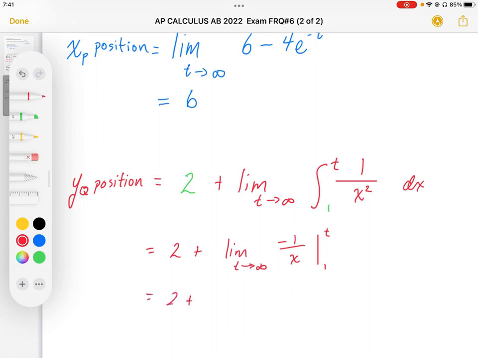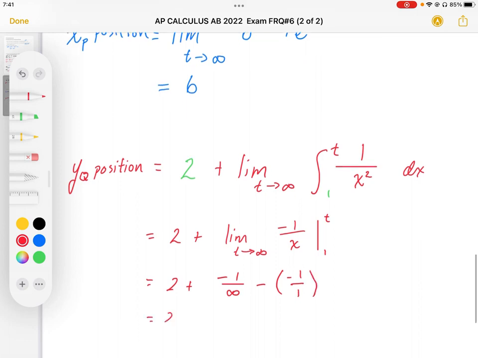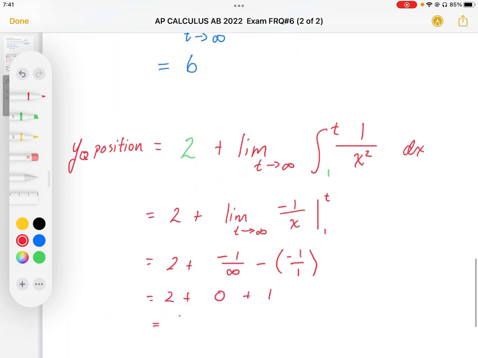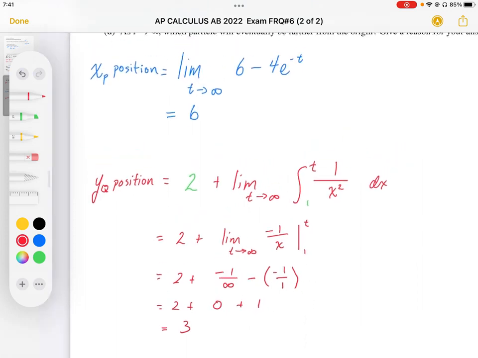So this is 2 plus, and as I plug infinity in, I end up with negative 1 over infinity, minus negative 1 over 1. This works out to be 2 plus 0 plus 1. So the y position is going to be at 3. It's going to get closer and closer to y equals 3 as t goes to infinity.